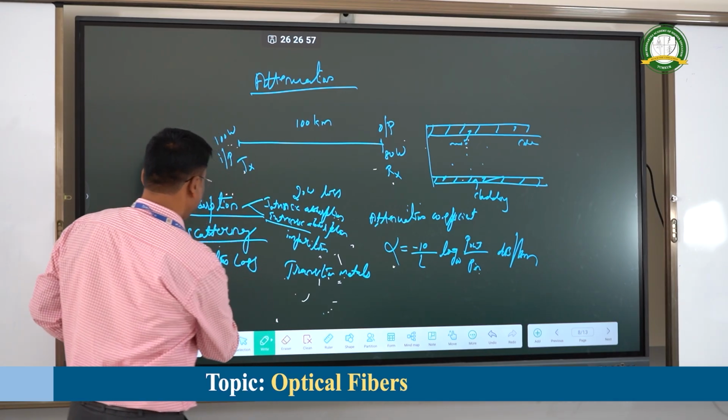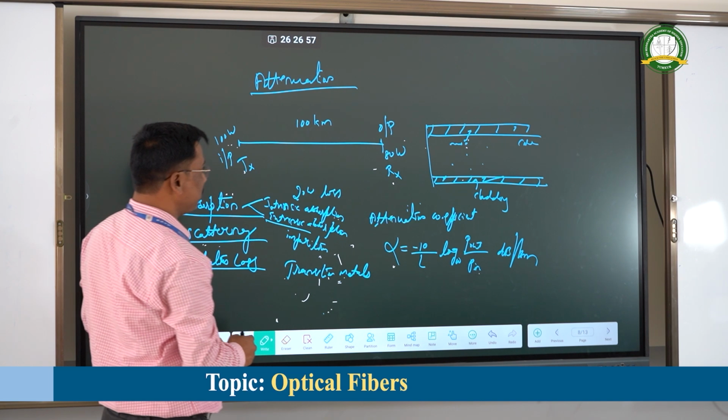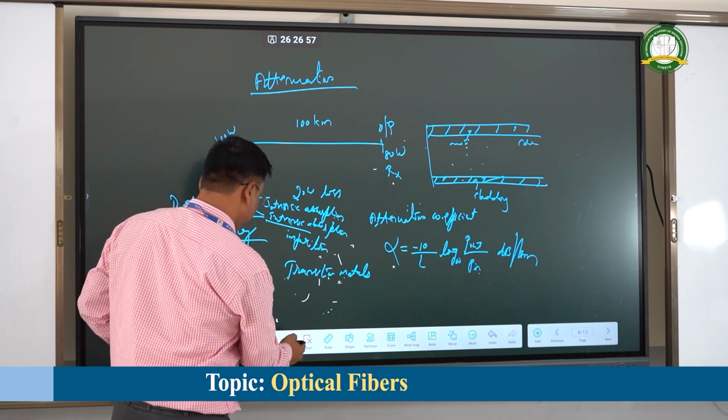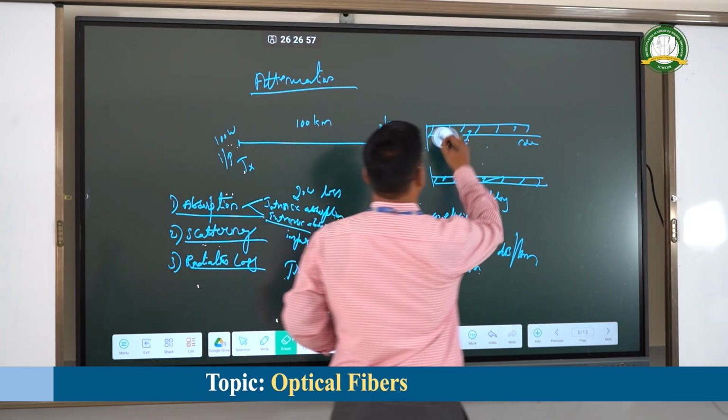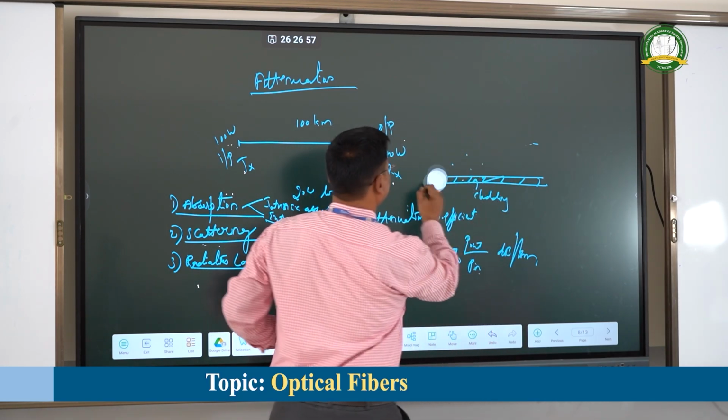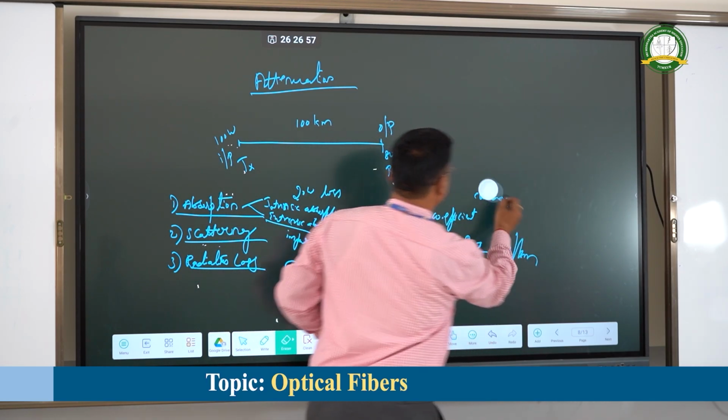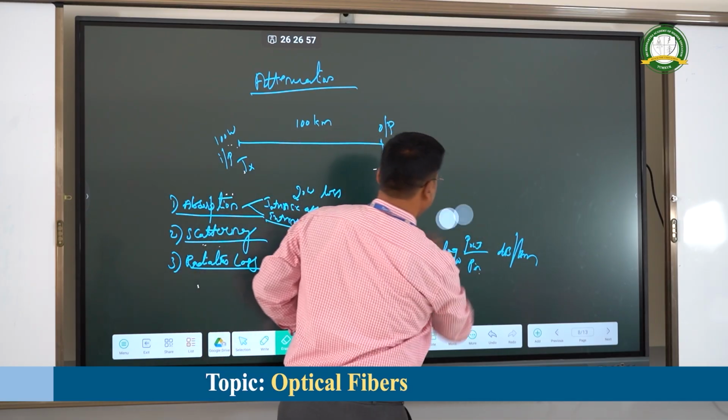The last one is radiation loss, and radiation loss, once again, has two types: micro bending and macro bending.